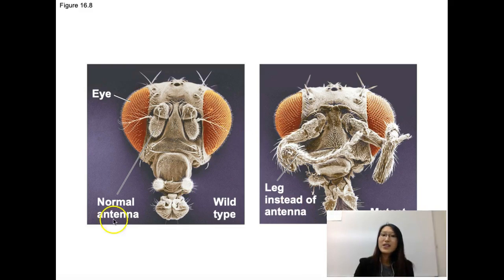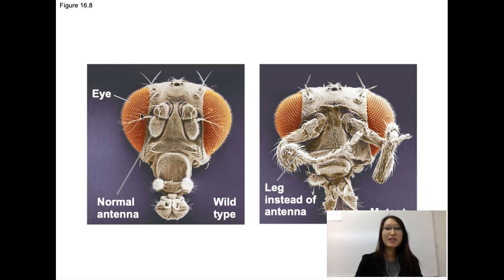It's really important. So this right here shows you what happens if homeotic genes are expressed incorrectly. Normally you would have eyes where they're supposed to be, the antenna grown right here, because the homeotic genes tell them that this is the place to grow, right?